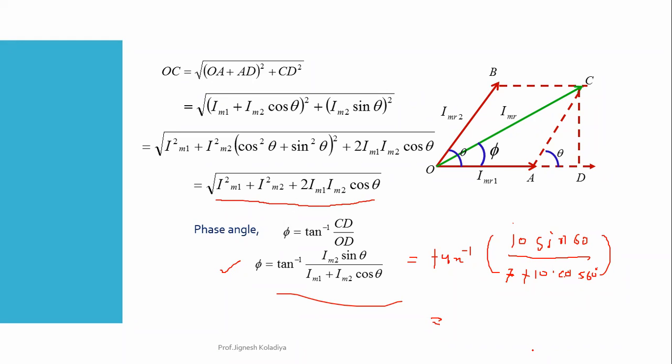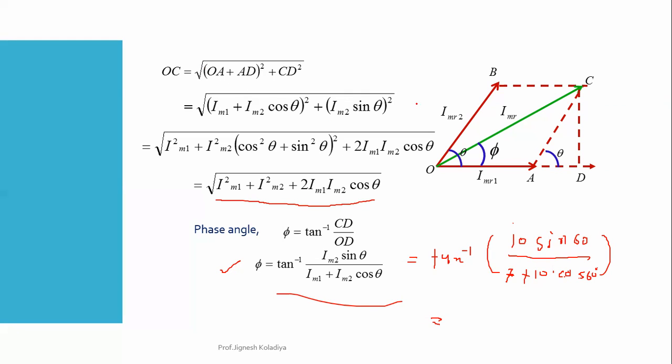So what are you getting for the angle? 35.81.